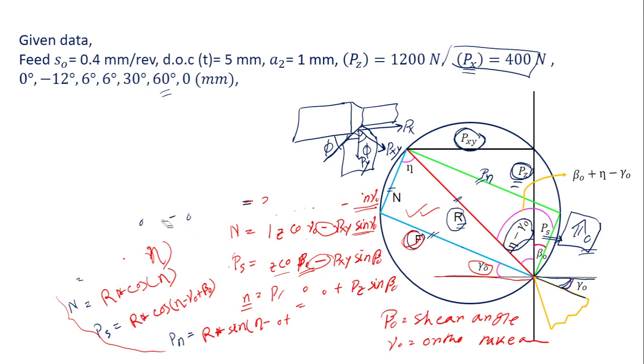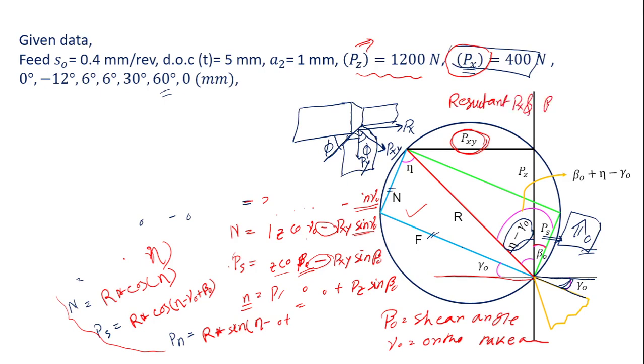Okay, let me write. The first point is this, you have to remember what forces are given. Most of the time pz is as it is, you can see from the figure also, there is no problem. But this component is not your px or py component. This is the resultant of px and py.